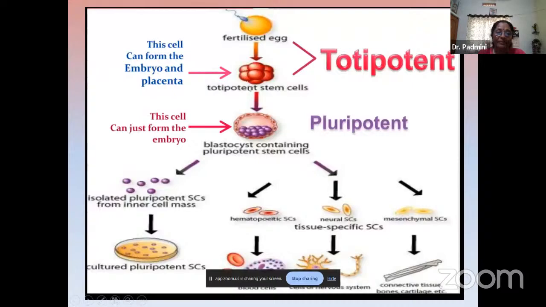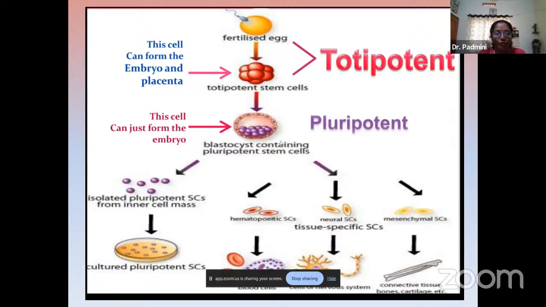And once it divides itself, it is going to form the next stage, that is the blastocyst. So this is the inner cell mass, the purple colored cells. This is the cell that is going to form the future embryo, and that is the trophectoderm cells, which is going to form the other extra embryonic cells for the developing embryo.